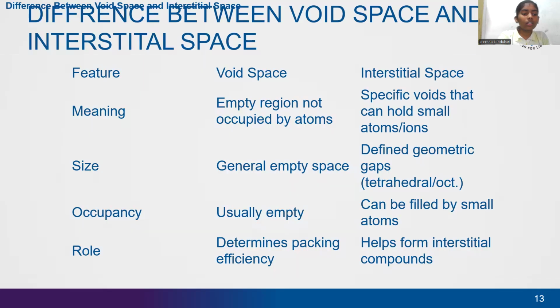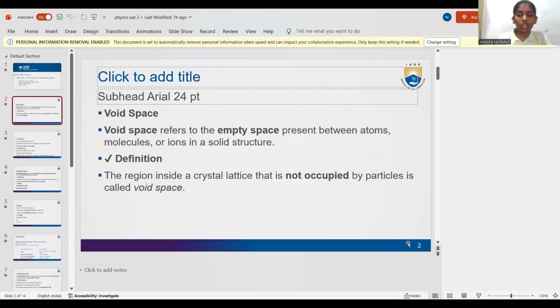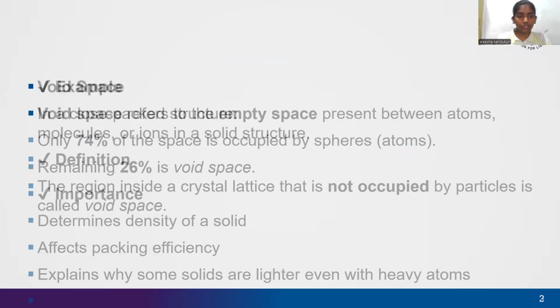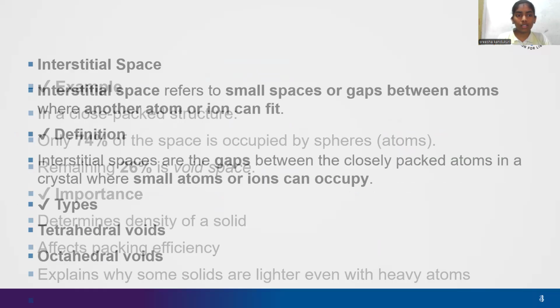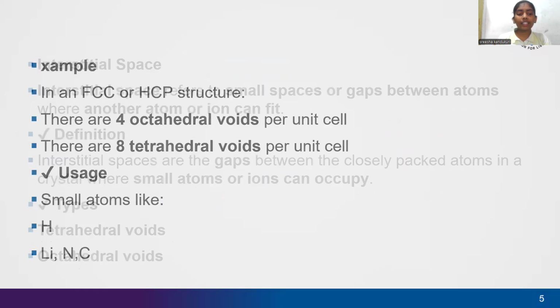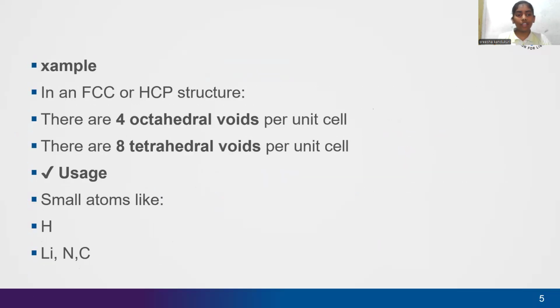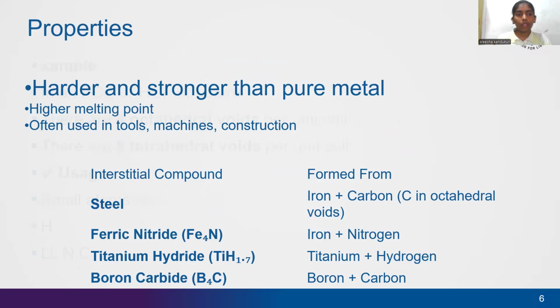So, till now we have discussed what void space is, its definition, example, and importance, and what interstitial space is, its definition, and the types. There are two types of interstitial space, tetrahedral and octahedral, and we saw some examples, the properties, and some interstitial compounds.